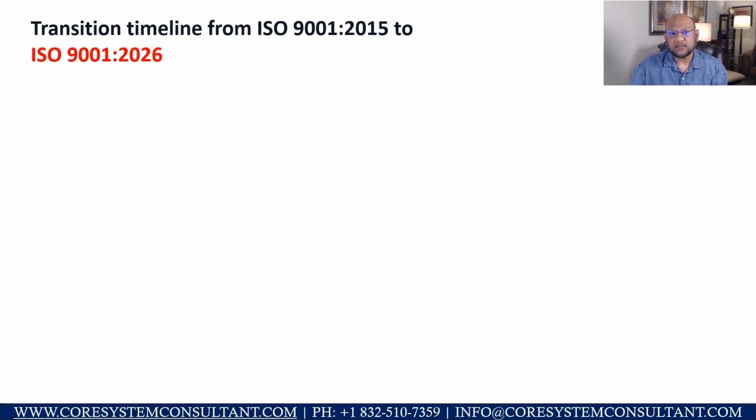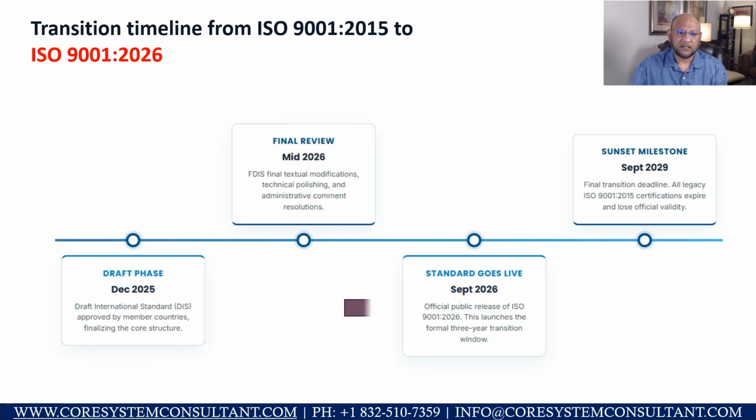Lastly, I would like to discuss the transition timelines. So the transition timelines for the 2026 version: how much time do you have, for a company which is already certified to the 2015 version? We are expecting the new version to come in September 2026. And from that point, the transition timeline would be 3 years.